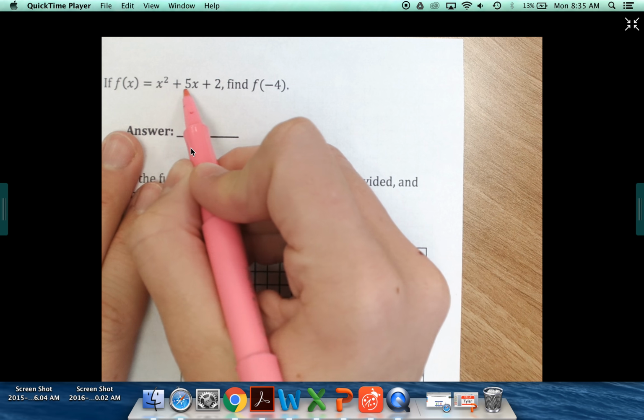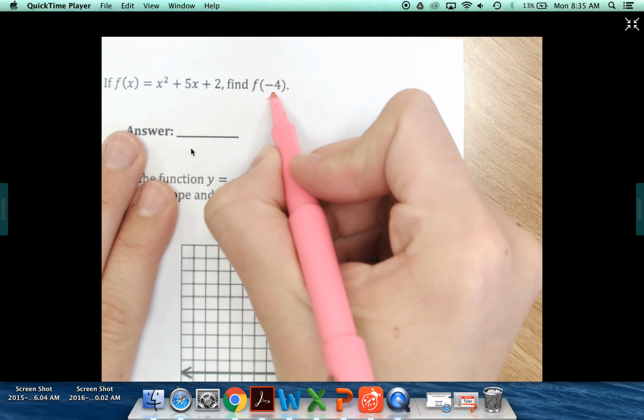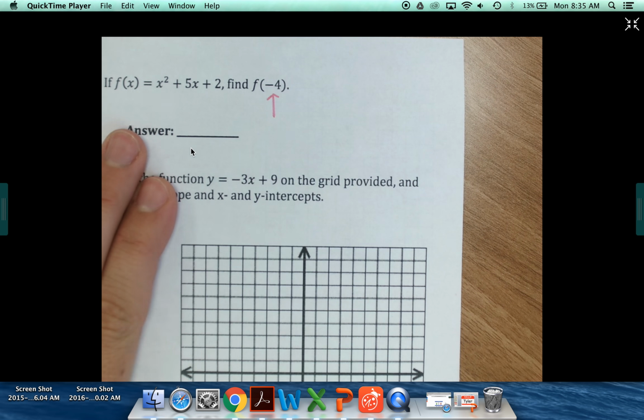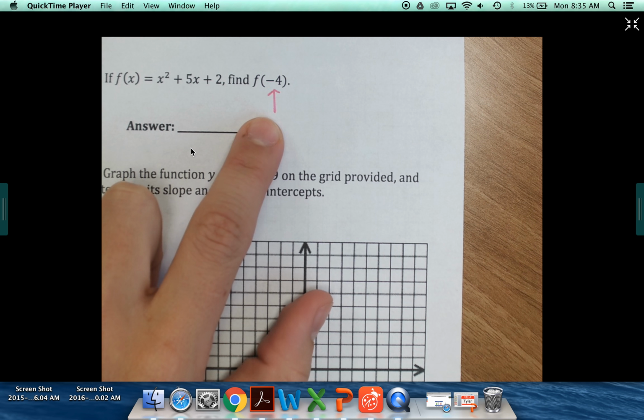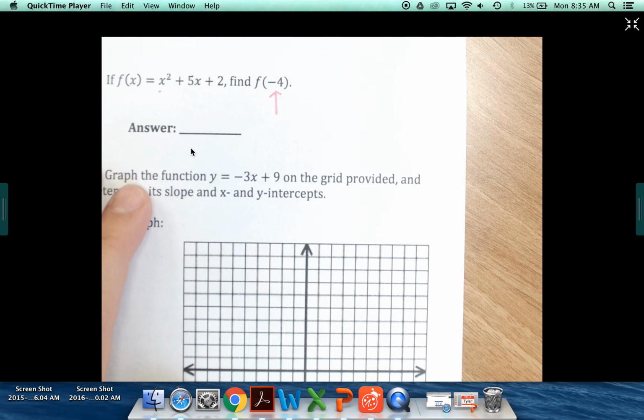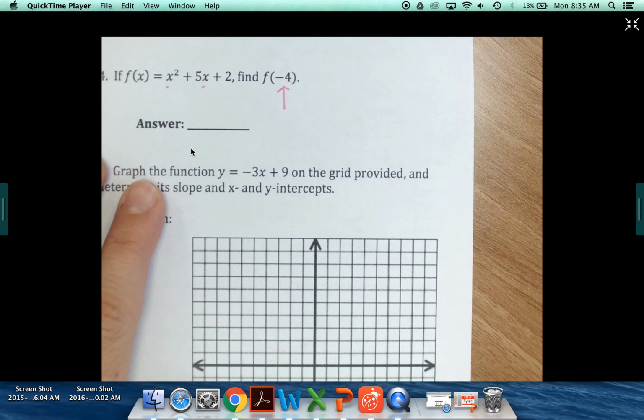Number 4. We've got x squared plus 5x plus 4, and in this case, x is -4. That is our input. We have an x here and an x here, so we're plugging into 2 places.